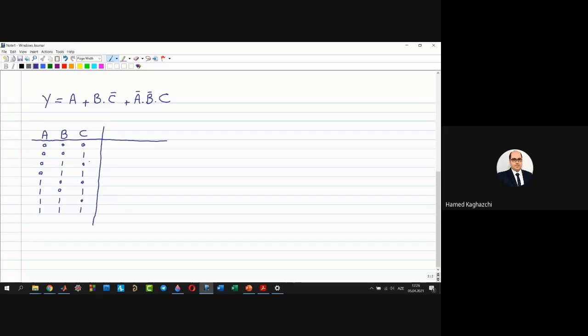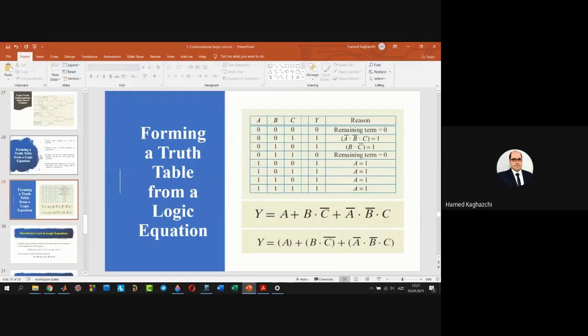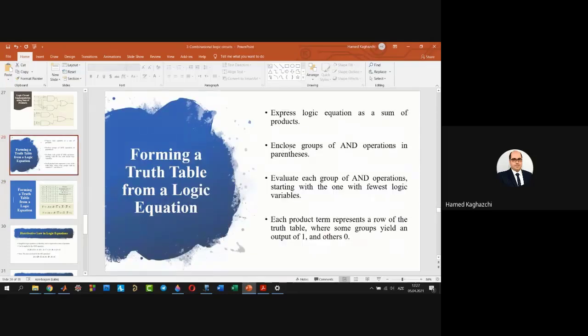Now, according to this equation, I want to find the y. Look at here, we said that we enclose groups of AND operators in parentheses, then express the logic equation as a sum of products.